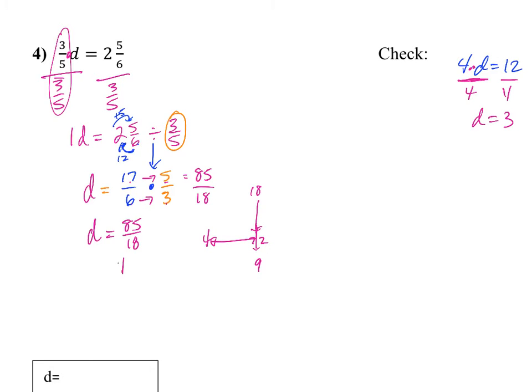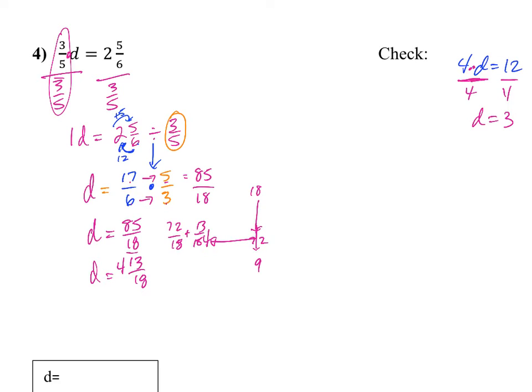So this is 4, and that makes 72 eighteenths, and then there's going to be 13 eighteenths left over. So this is 4 and 13/18 equals D. Or 85/18 is an acceptable answer. As a matter of fact, I'm going to use that 85/18 to check.